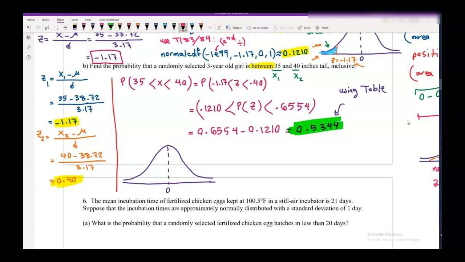And here what we have for z is negative 1.17, and here we have 0.4. So we have to find the area in between. And using the table, the answer we got here was 0.5344.